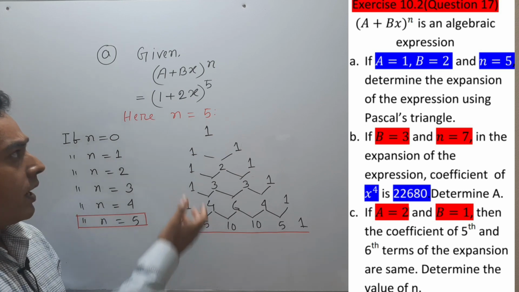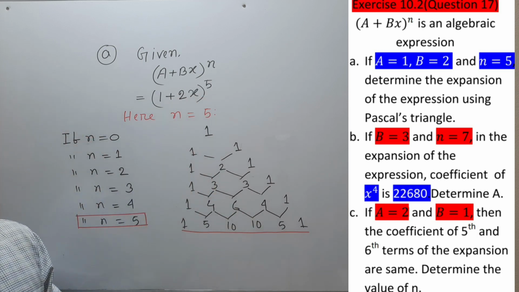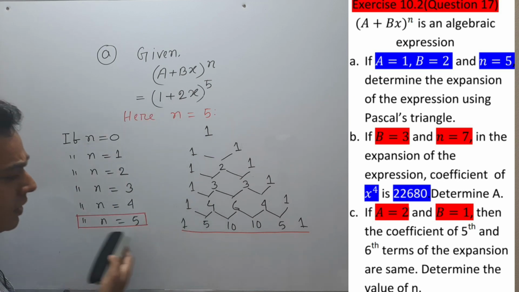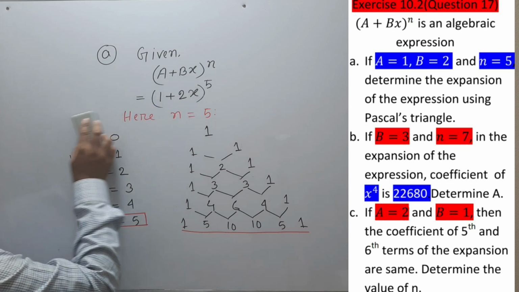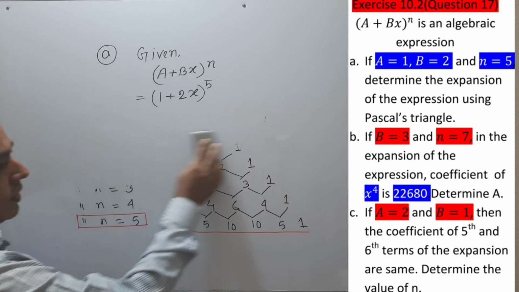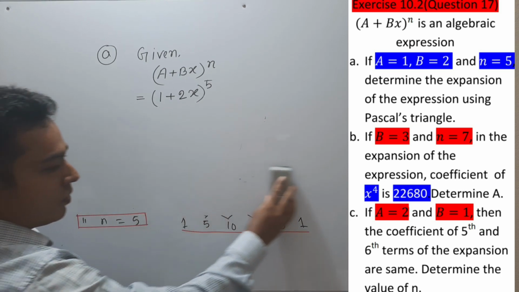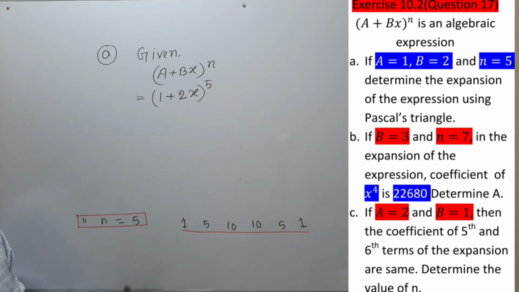Okay, now we can expand this binomial term by these coefficients. Now how we can expand this? By using these coefficients. Okay, n is equal to 5, then first coefficient is 1.